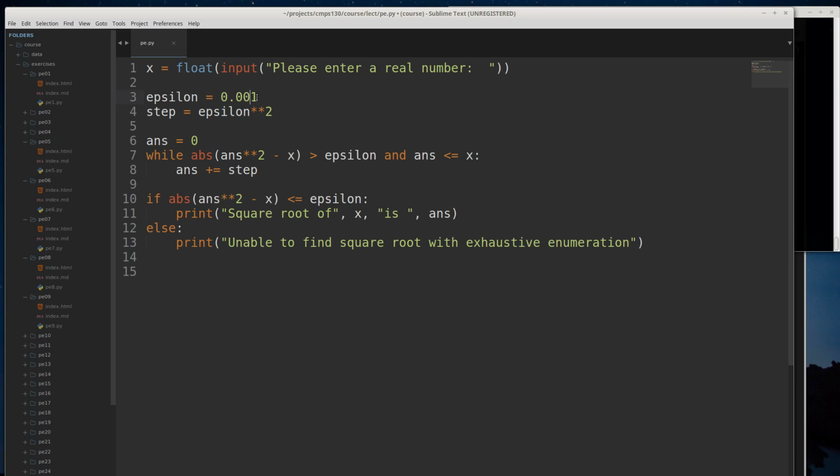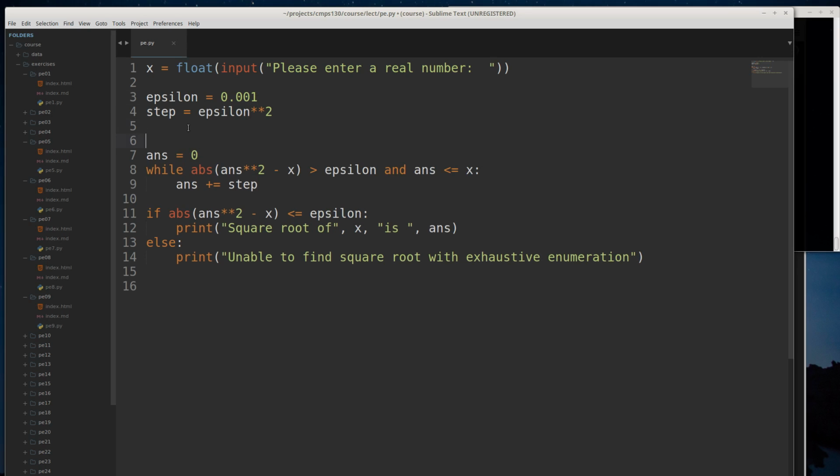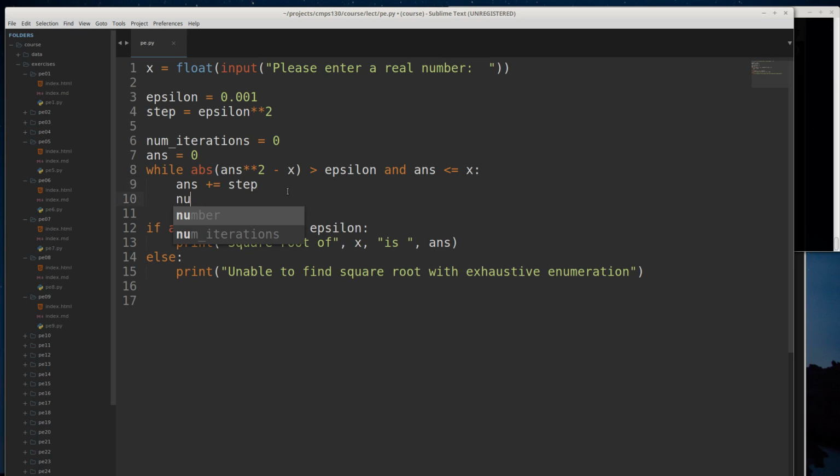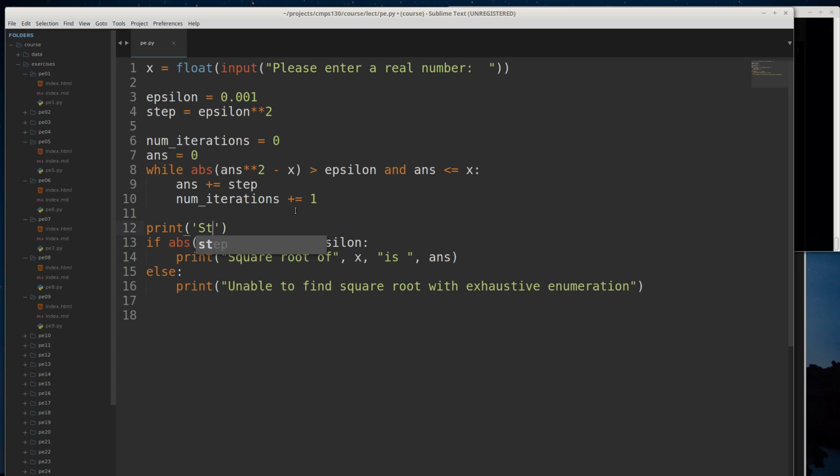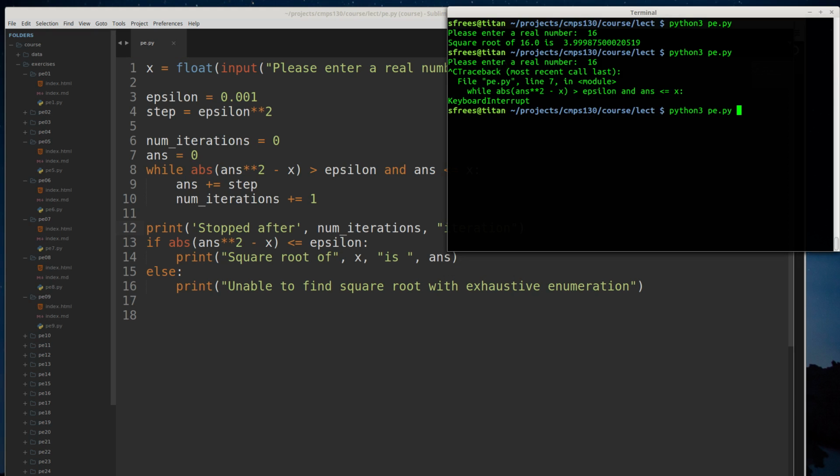Let's move epsilon back to this, and let's count iterations. And let's print stopped after some number of iterations, and get an idea of how many times I was going around that loop.